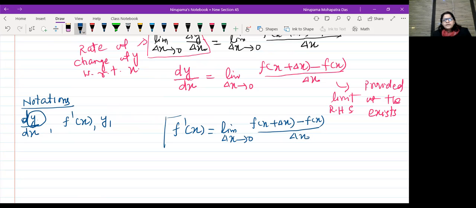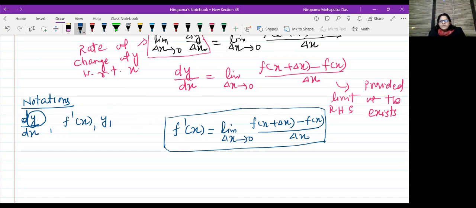Here delta x is a small change over x, and limit delta x approaches to 0 means over a small change in x. So this is the definition of derivative of the function with respect to x. Now we may write it like this also.